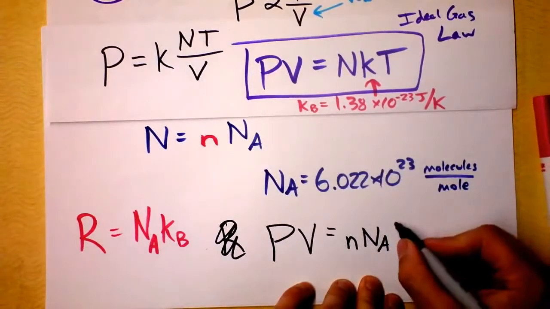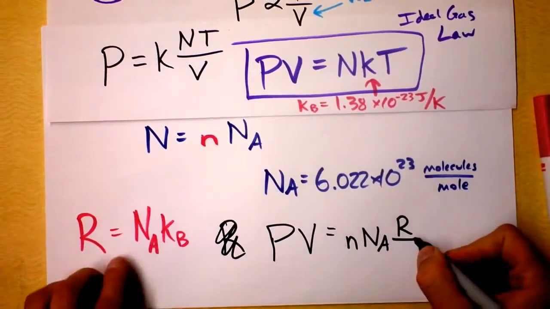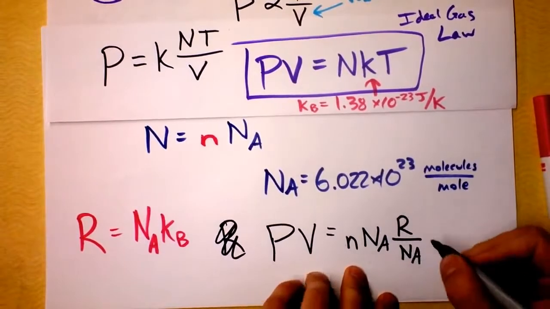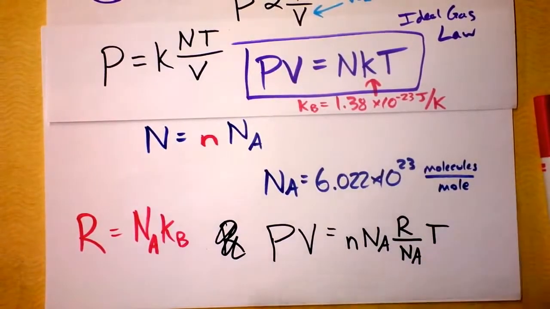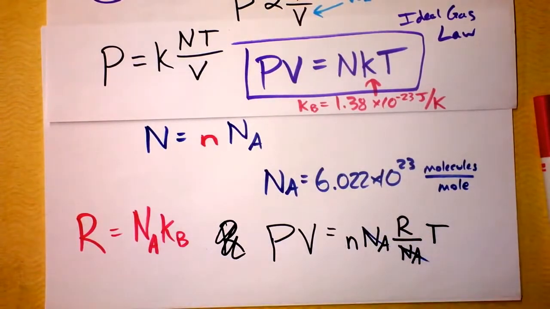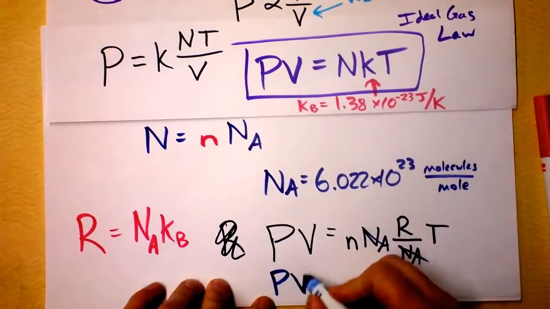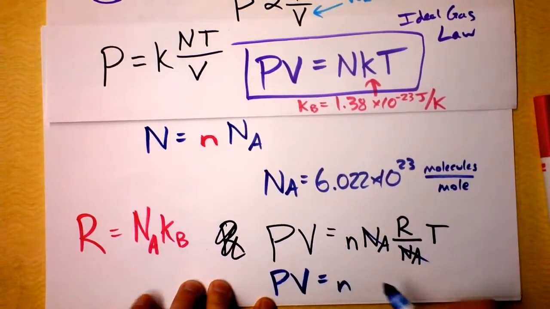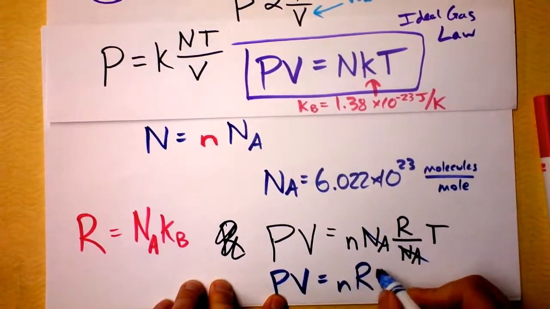This is R divided by Avogadro's number, times temperature. So if we simplify this, and we say that PV, just as you remember from your chemistry class, PV is lowercase n times capital R times T.